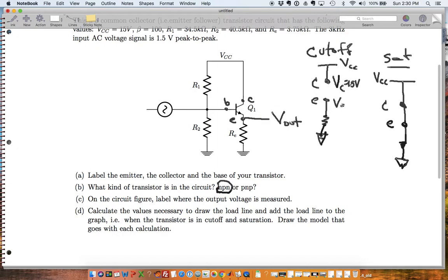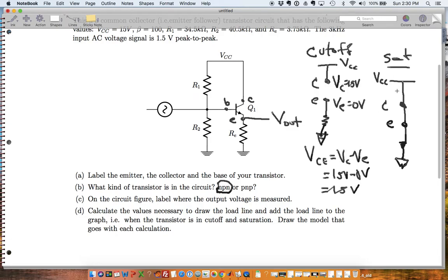So I've got VE is equal to 0 volts. So that means my VCE in cutoff is equal to VC minus VE, which is 15 volts minus 0 volts, or 15 volts.